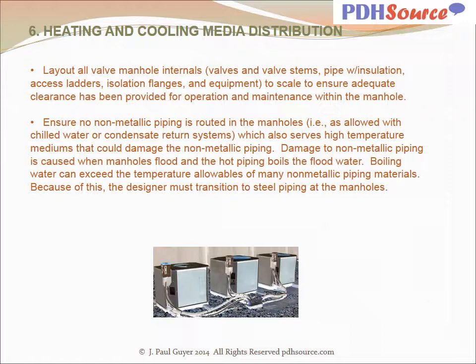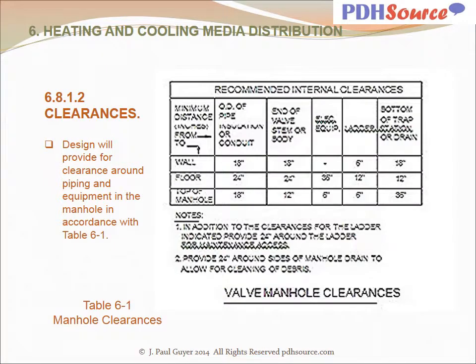Damage to non-metallic piping is caused when manholes flood and the hot piping boils the flood water. Boiling water can exceed the temperature allowables of many non-metallic piping systems. Because of this, the designer must transition to steel piping at the manholes. Table 6.1 indicates typical valve hole manhole clearances.